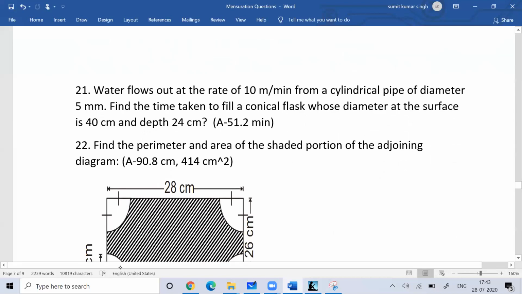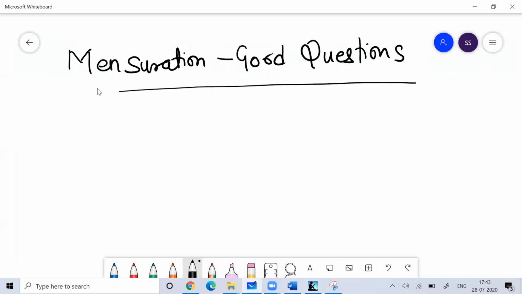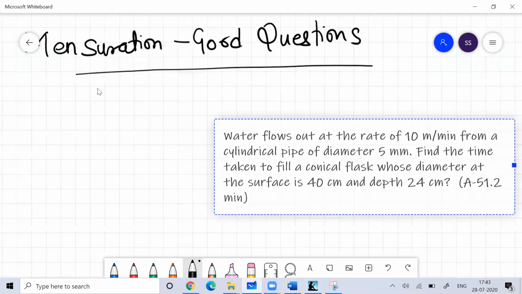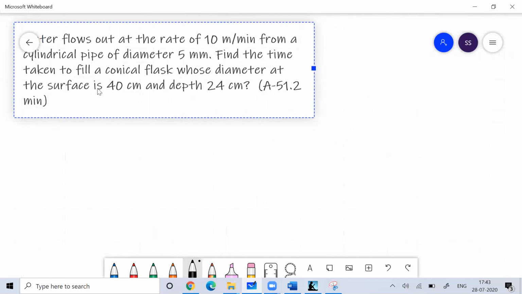Then you can see question number 21. Water flows at the rate of 10 meter per minute from a cylindrical pipe of diameter 5 millimeter.